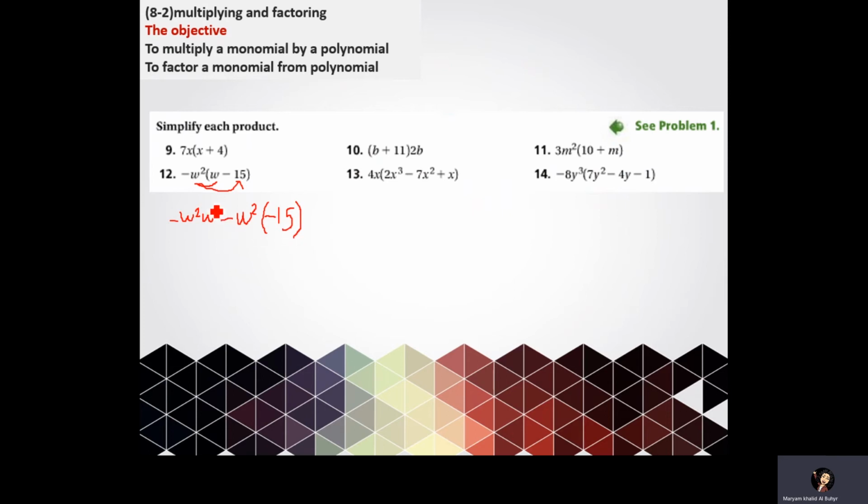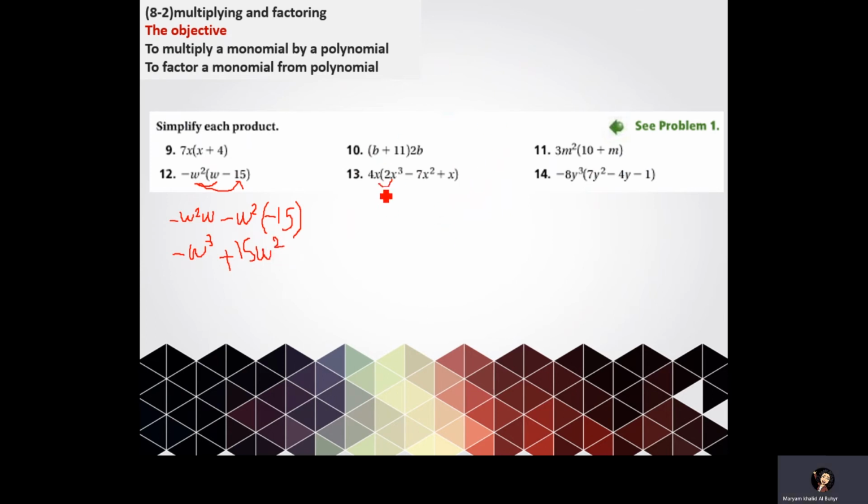So be careful with the sign. Always the sign needs focus. It is not difficult for my students, definitely, but you need focus. So here the same base, add the powers. So that will be 3. Minus will be plus 15 w 2.